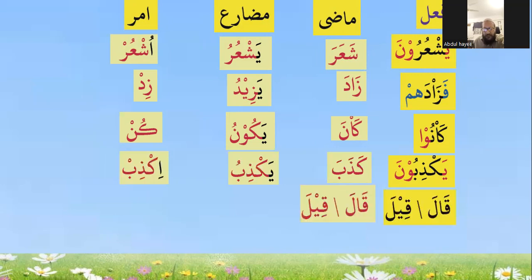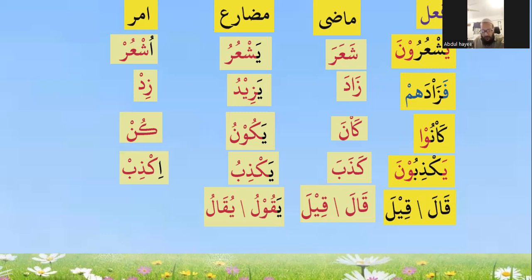Kala yakunu. What is the mazi? قال يقول. Kala, kila. For kala, kala. For kila, kila. What is mudare for kala? Yakul, amar: kul. For kila, yukalu.